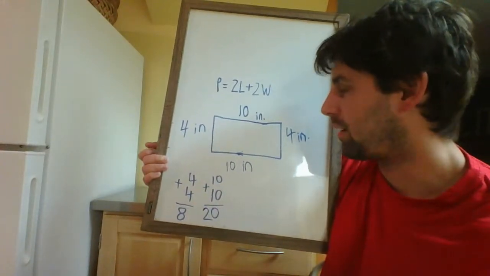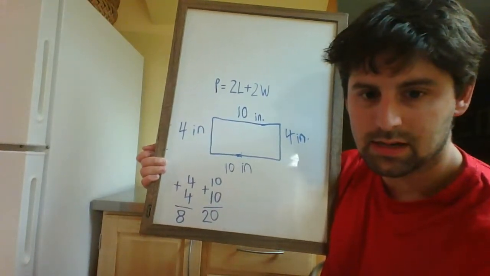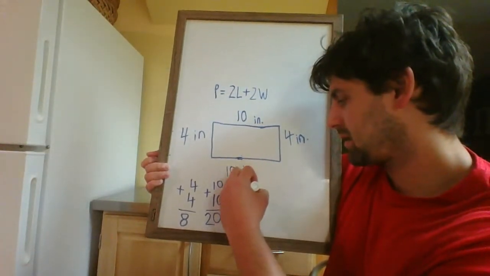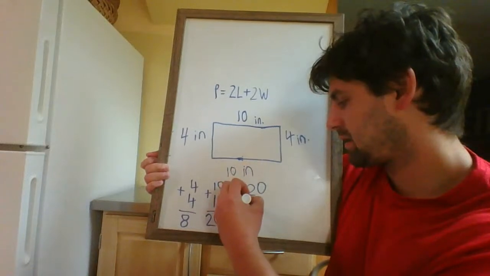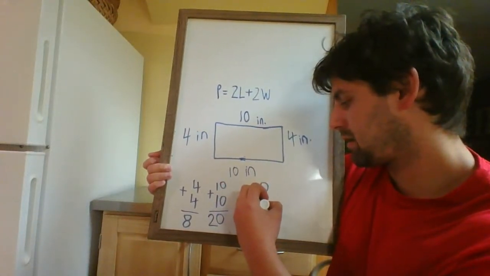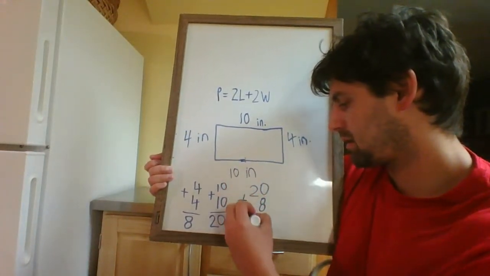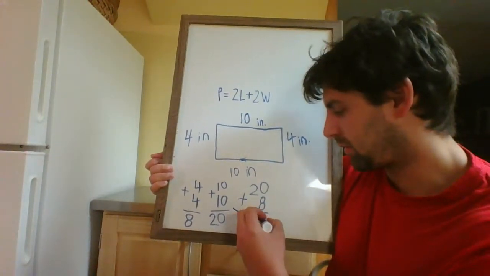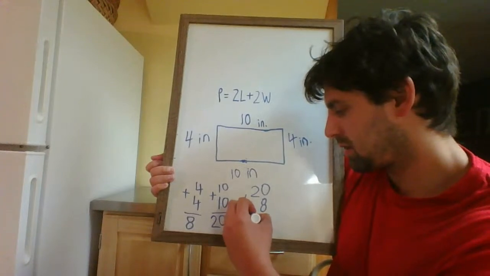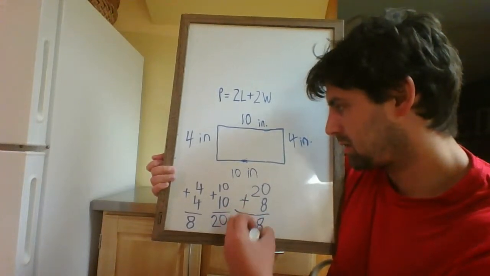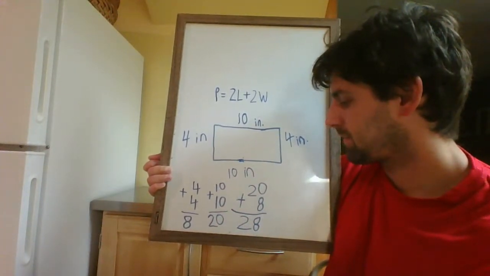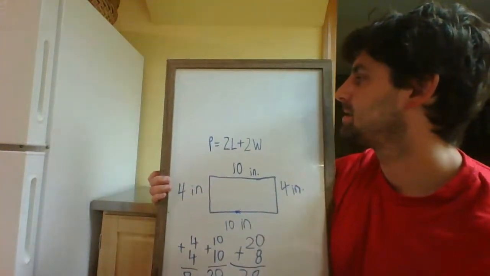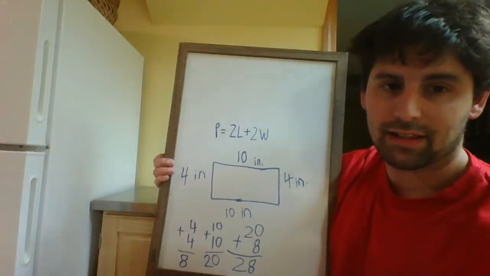So now to be able to say what the perimeter is, I have to add 20 plus 8. Zero plus 8 equals 8. 2 plus 0 equals 2. So we have our final answer there.